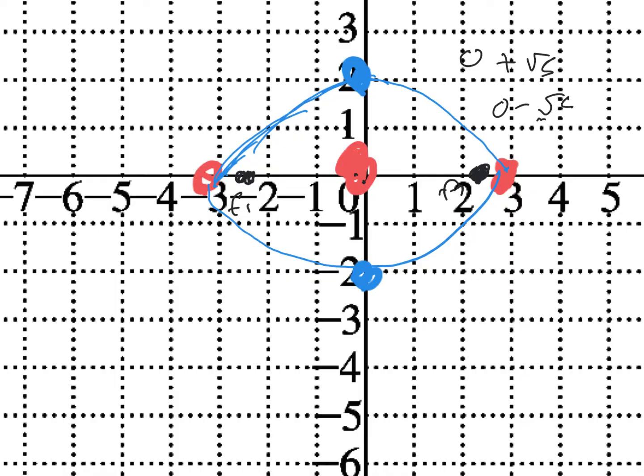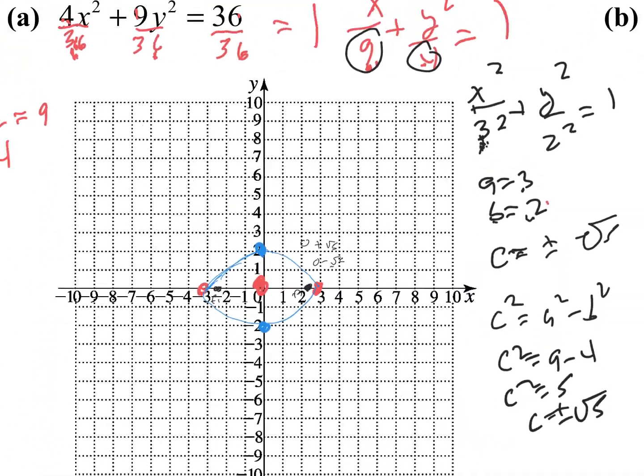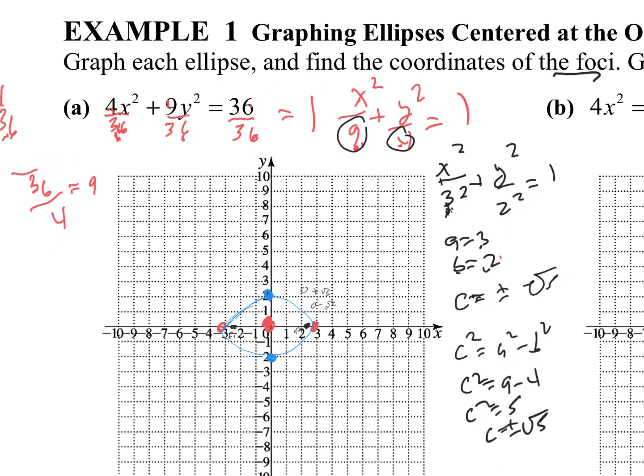So don't be afraid to actually list the focal points. He does say he wants the coordinates. So where are they? That one is at square root of 5 comma 0. Call that focal 2. And focal 1 is at negative square root of 5 comma 0.